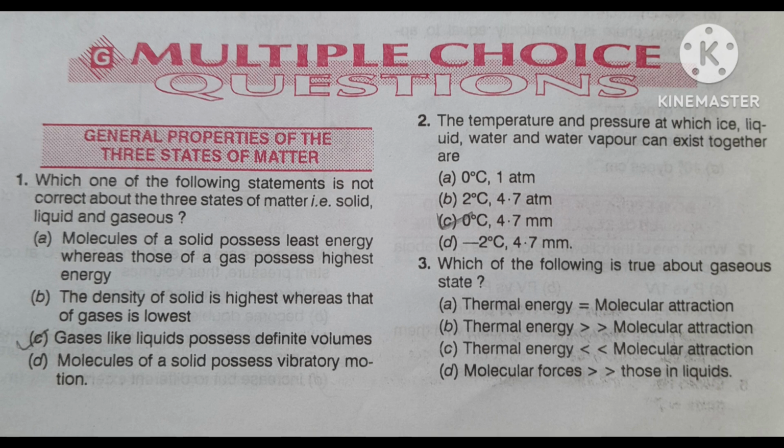The temperature and pressure at which ice, liquid water and water vapor can exist together are: first option, 0 degree centigrade, 1 atmospheric pressure; second, 2 degree centigrade, 4.7 atm; third, 0 degree centigrade and 4.7 mm; and fourth option, -2 degree centigrade, 4.7 mm pressure.